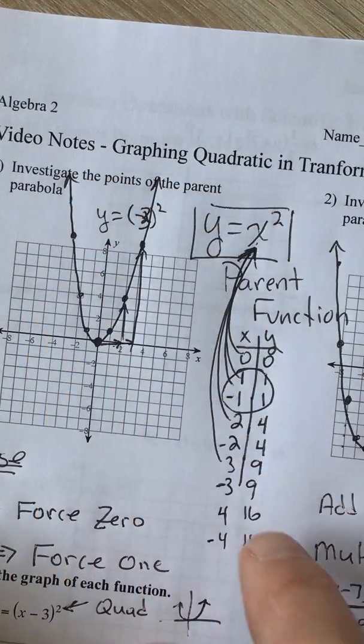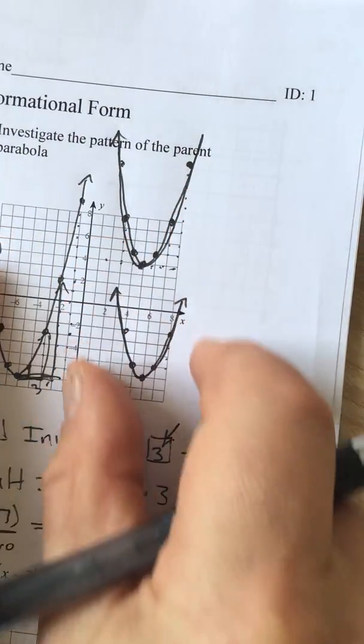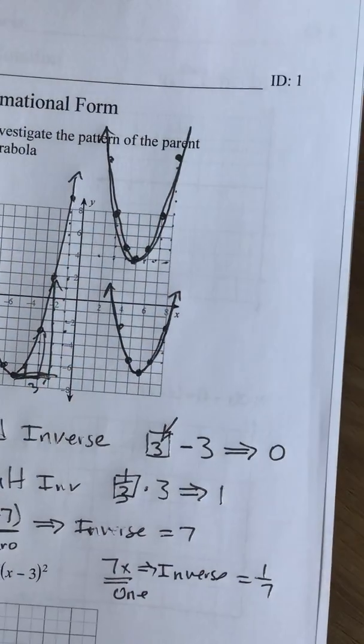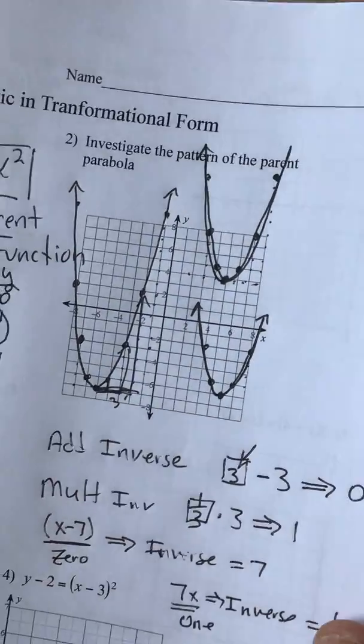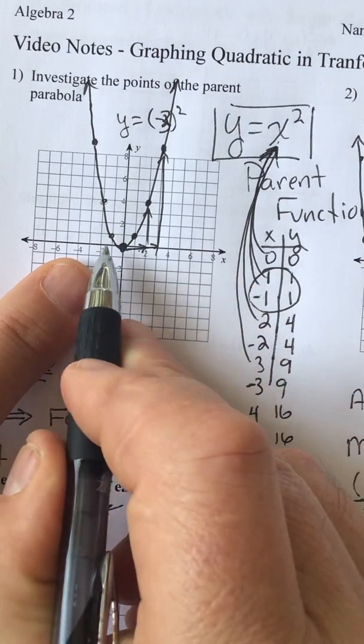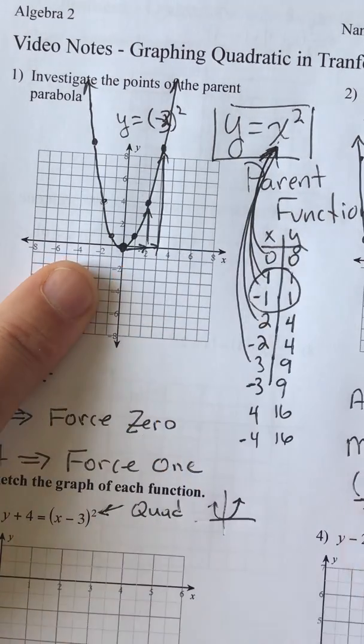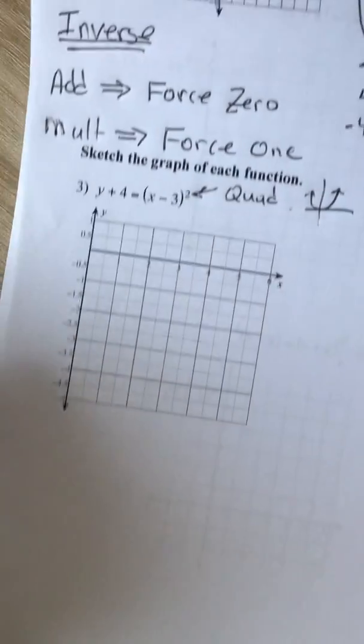Now, all of these other numbers on there move the shape around. So it puts it over here or down here or maybe over here. So the first thing that we want to be able to do is figure out where is the new center, and then from there we'll just go over 1, up 1, over 2, up 4, over 3, up 9, and we have the whole thing graphed.